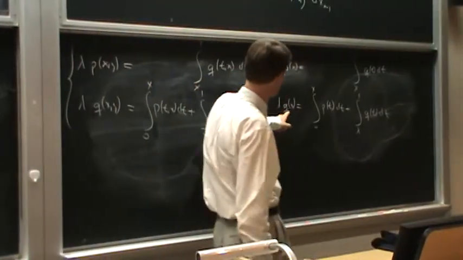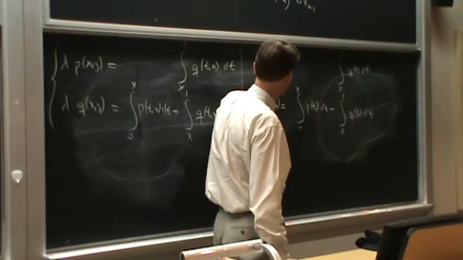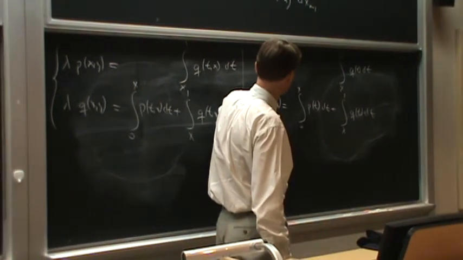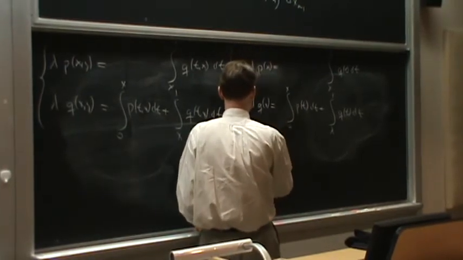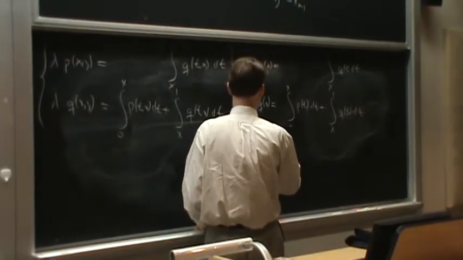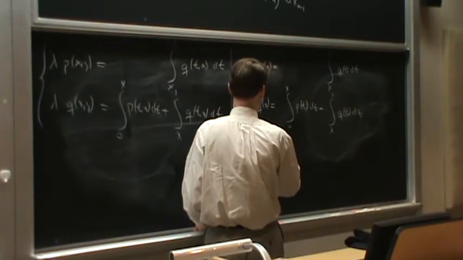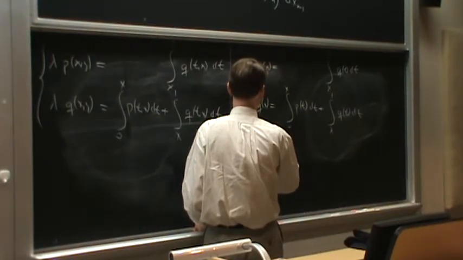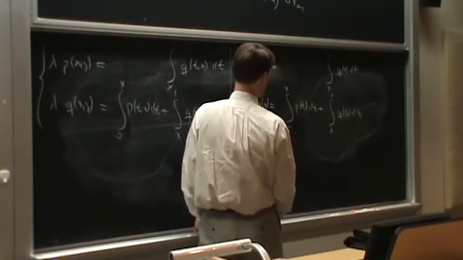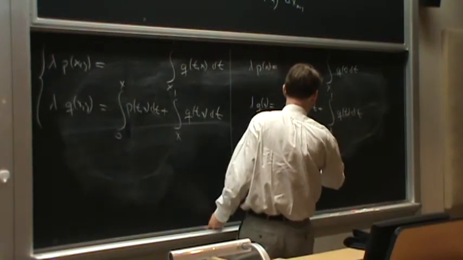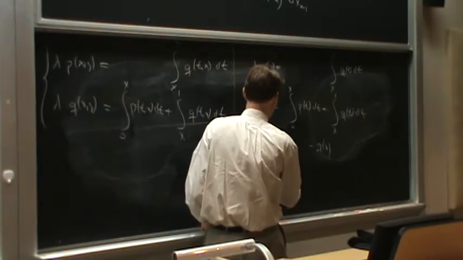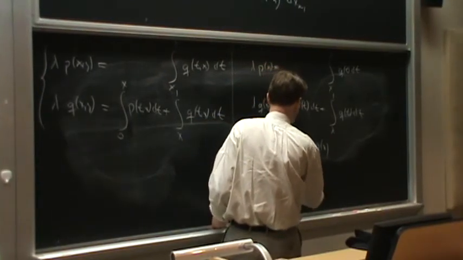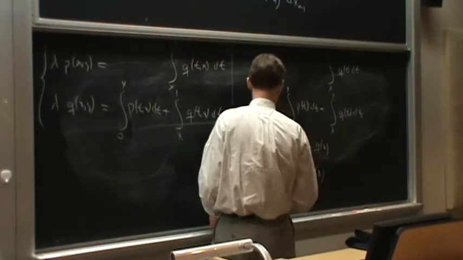And then, what do you have to do? You have to take derivatives, so you get lambda p prime of x is equal to minus q of x, and lambda q prime of x is equal to p of x minus q of x.